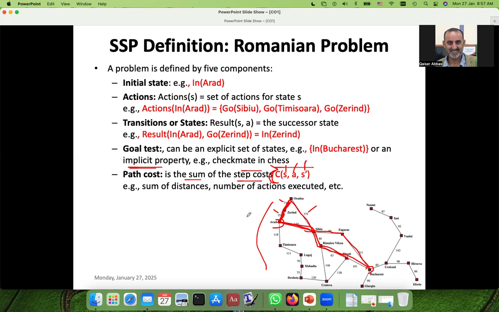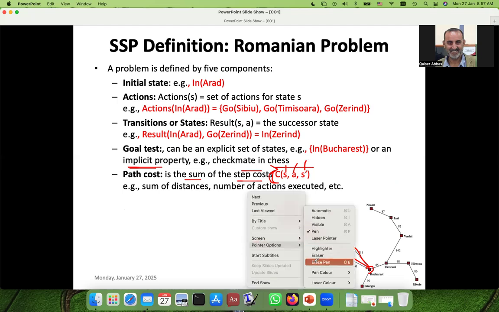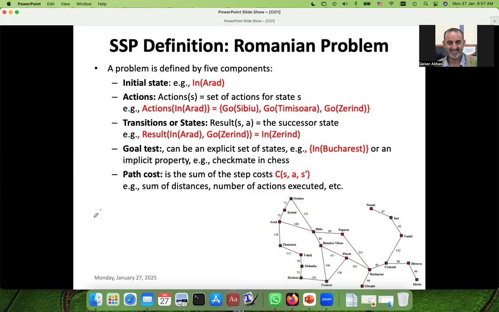So for example, here, the cost from this S, I am writing shortly, okay? From Arad, the action is what? Go to Serend.